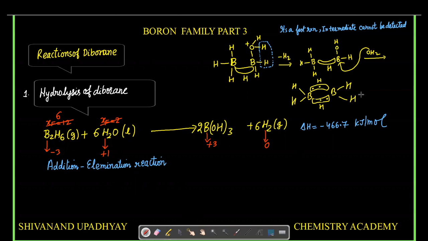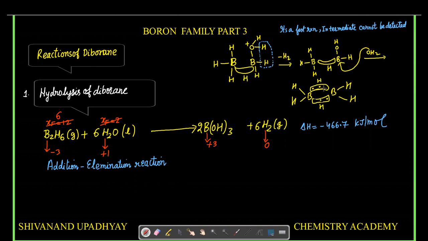So what is happening is that the nucleophile water molecule will go and attach here, and this bridging 3 center 2 electron bond will break, and there is no electron of boron over here, right? So these 2 electrons will be here, right?